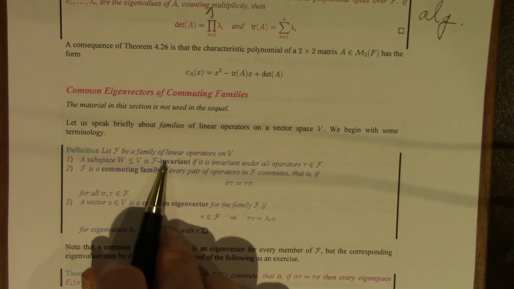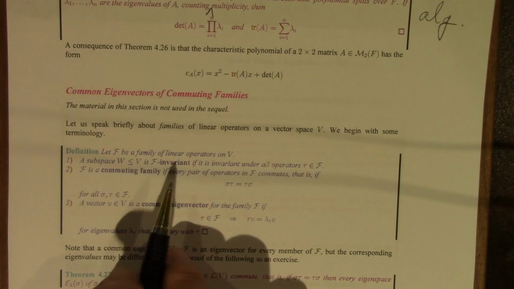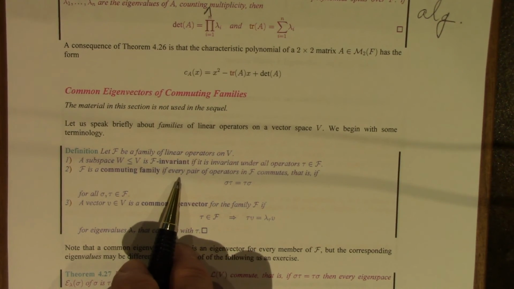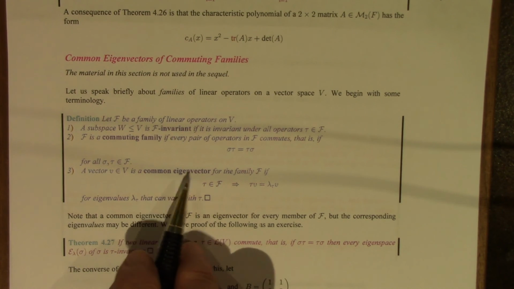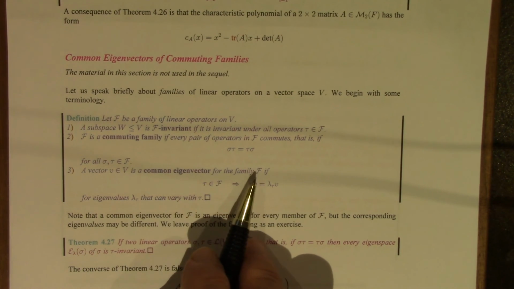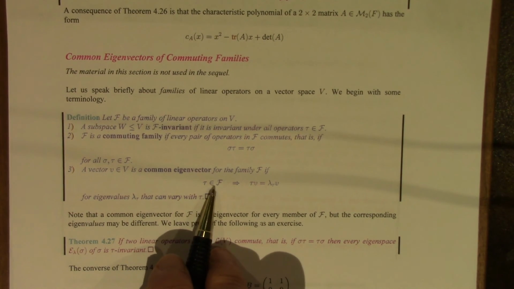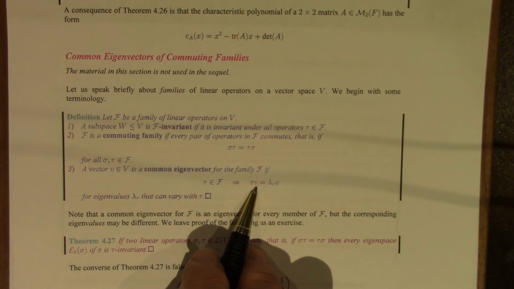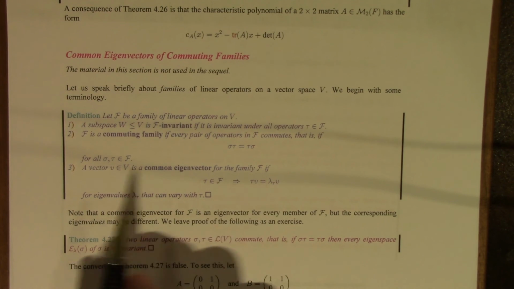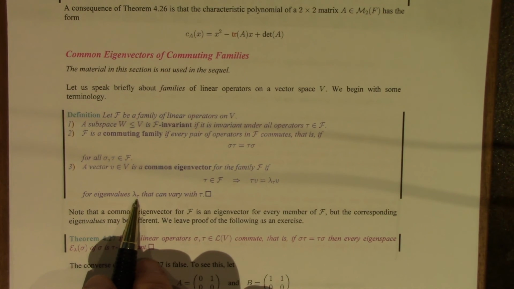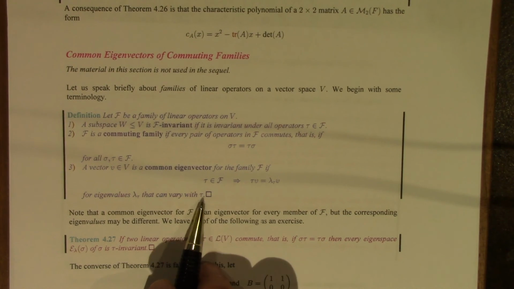It doesn't look right now that these two definitions are connected. They're certainly different concepts, but the reason they're here is because they are connected. A vector V is a common eigenvector for the family F if for every operator tau in the family, tau V equals lambda sub tau V, for eigenvalues lambda sub tau that can vary with tau.